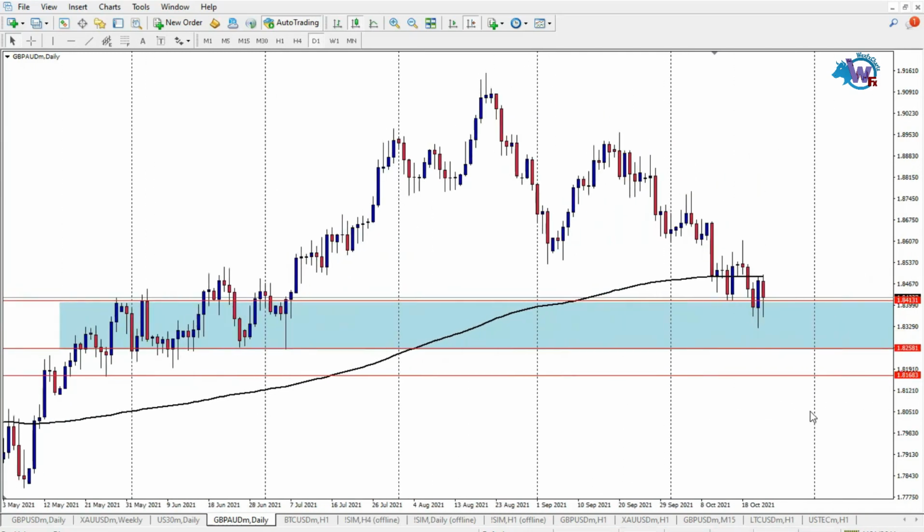So if one is to sell, considering my take, I'll be looking out for sales all the way to 1.8168 area, then a sharp rejection to the upside. So if price trades higher, we should be targeting this rejection level, that is 1.8610 area. That is on the pound Australian dollar on the daily time frame.